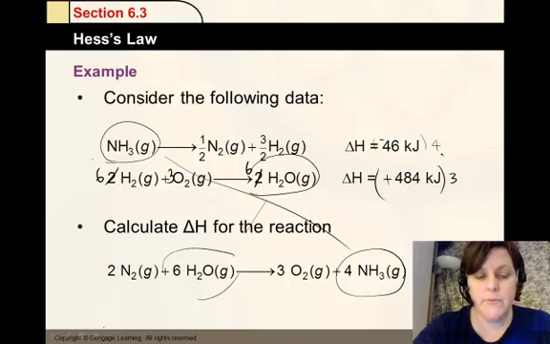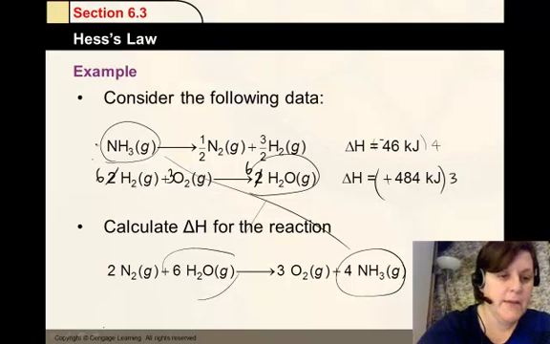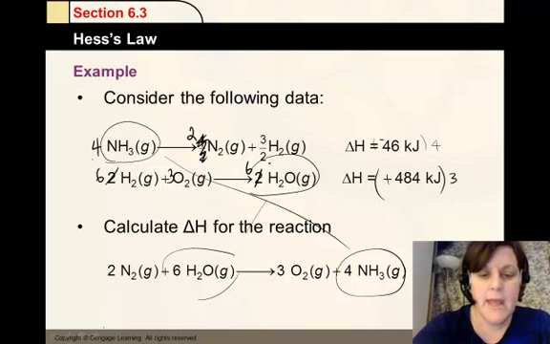If I multiply through by 4 here, I'm going to get 4 of these, 4 halves, and 2, which is like 2, and 12 halves of H2, which is like 6.